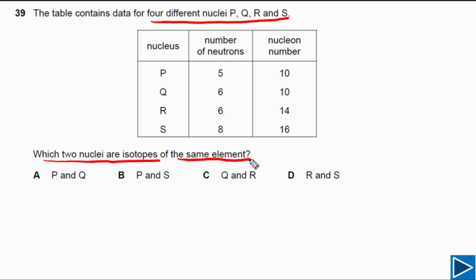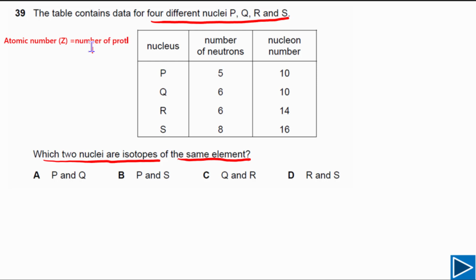Now, first of all, let's try to understand what is atomic number, what is mass number, and what is nucleon number. The symbol for atomic number we use is Z, and atomic number is simply equal to the number of protons.